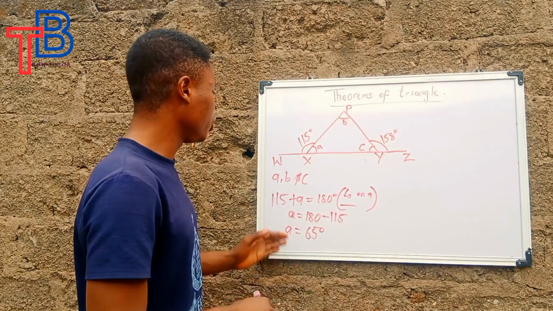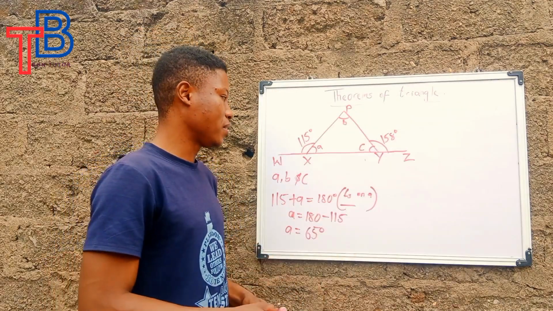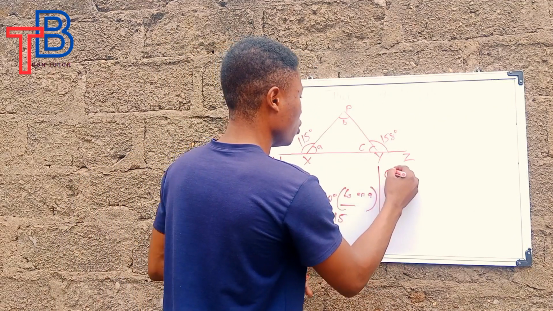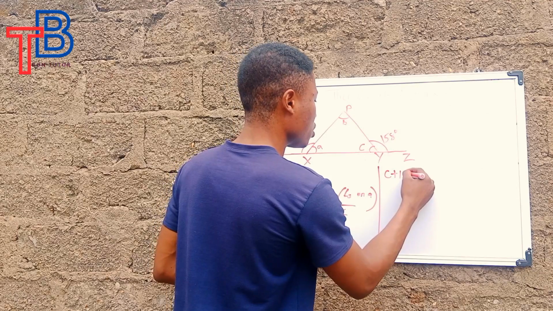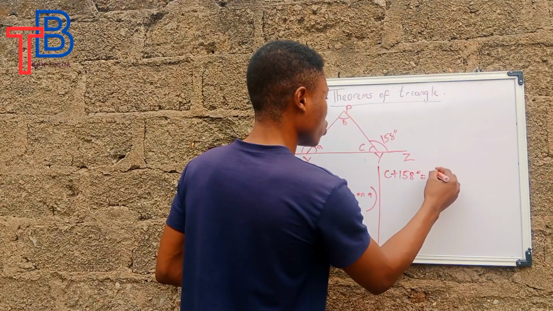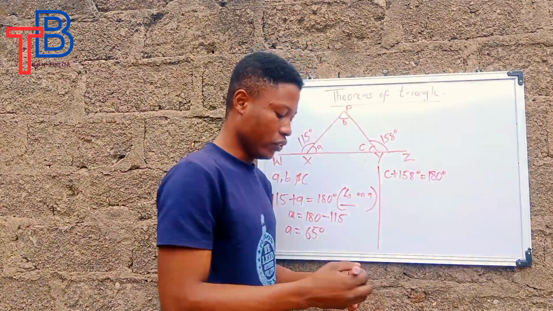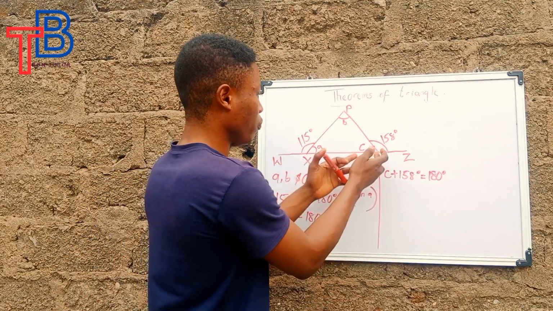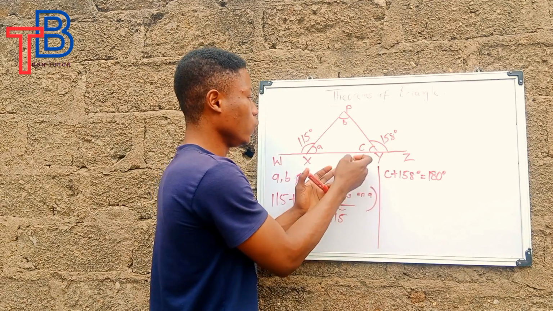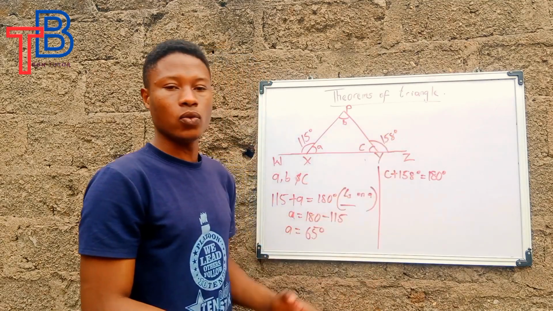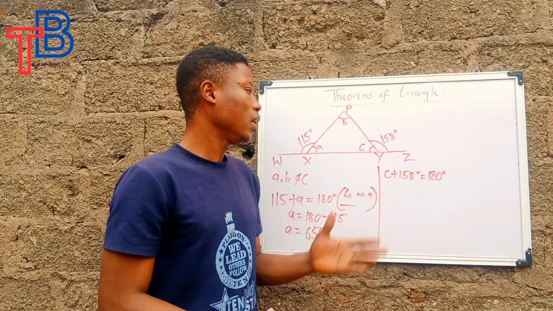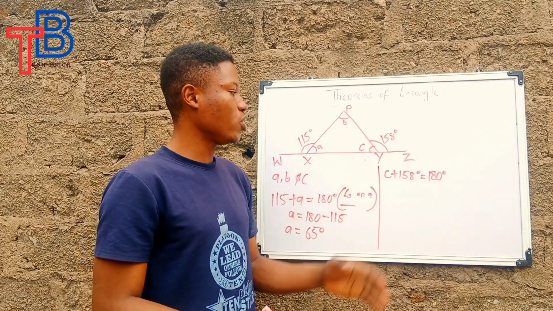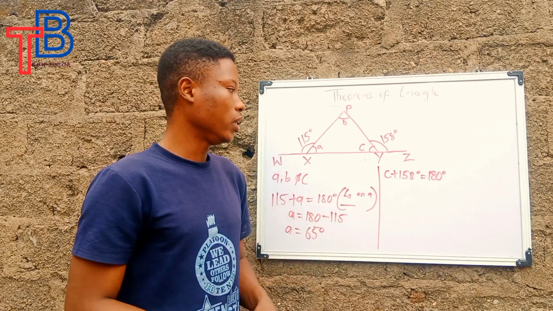We can also follow this procedure to find our C, and therefore we can say our C plus 158 degree also equals 180 degree. That's also an angle on a straight line, because focusing on this point Y, you will notice that it is only this C and 158 degree that are on the straight line, which means your C plus 158 also should give you 180.